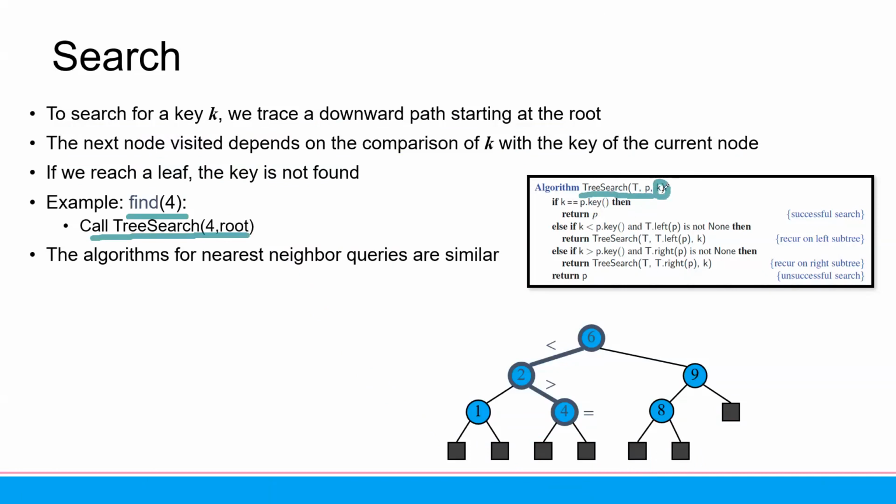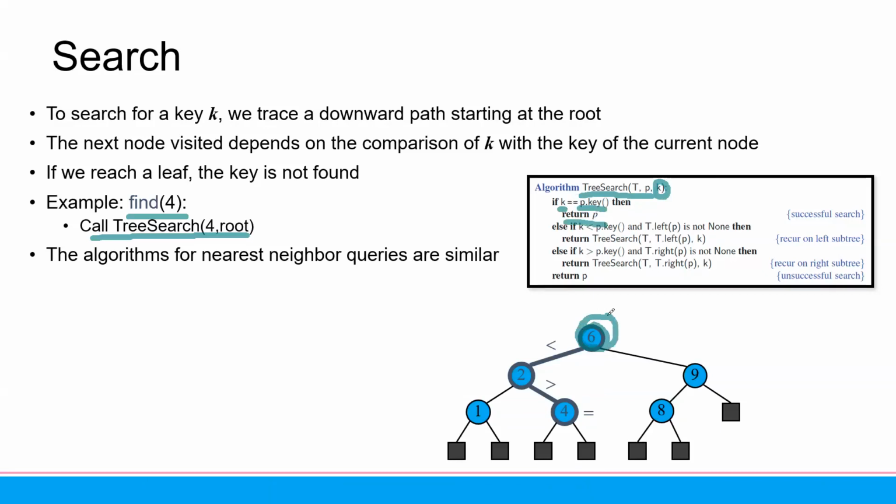Okay. So I'm going to find 4. If K equals P dot key, so if 4 equals this node key, then just return P, just return this node.